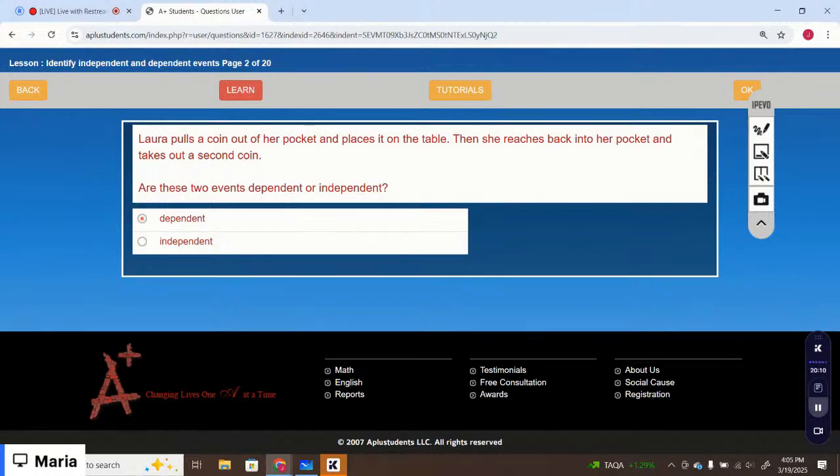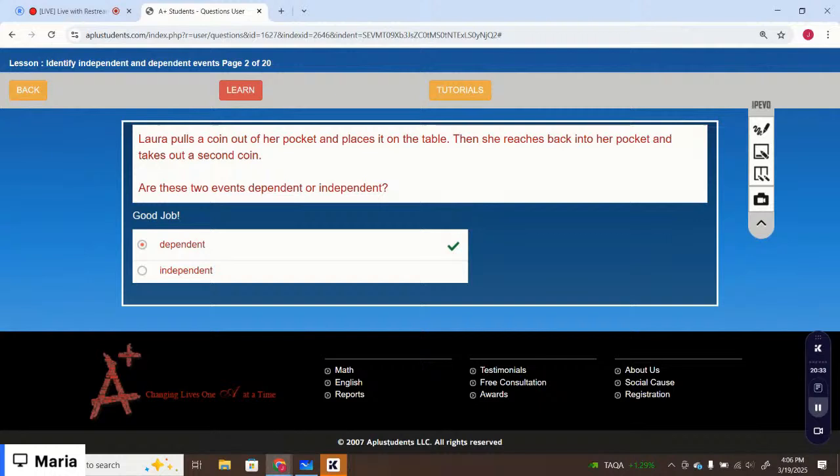She pulls a coin and places it on the table. For the second time, she has one less coin, right? Because she already picked one coin. So the outcome of the second event is affected by the outcome of the first event. So that's why they are dependent events. Got it?